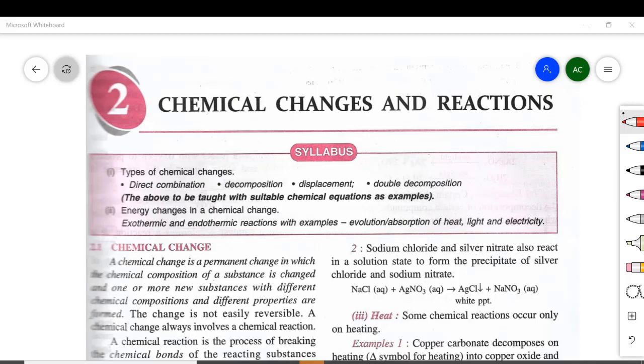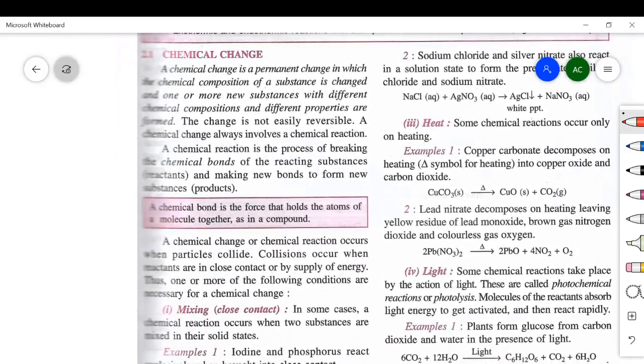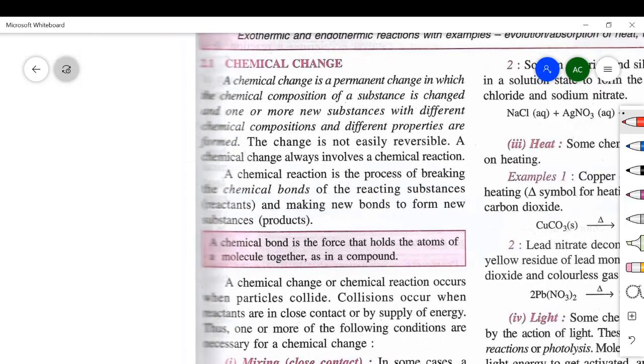So basically, a chemical reaction is the process of breaking chemical bonds. Bonds are breaking and new bonds are formed. Previously some bonds were there, now those bonds are broken and some new bonds are formed.